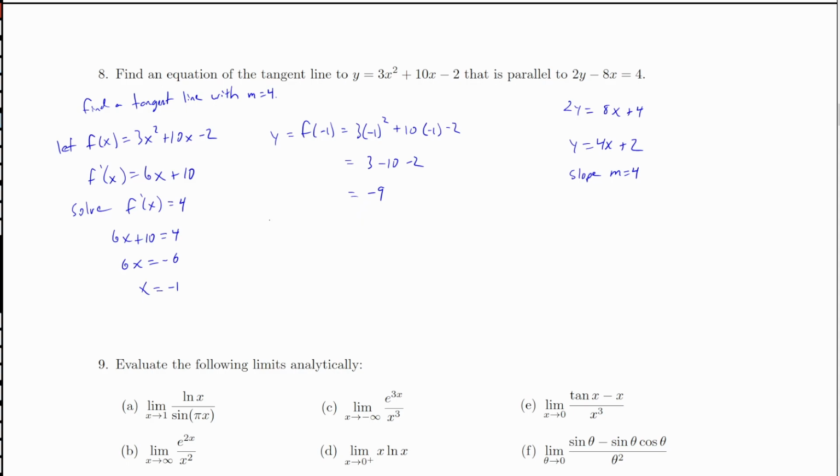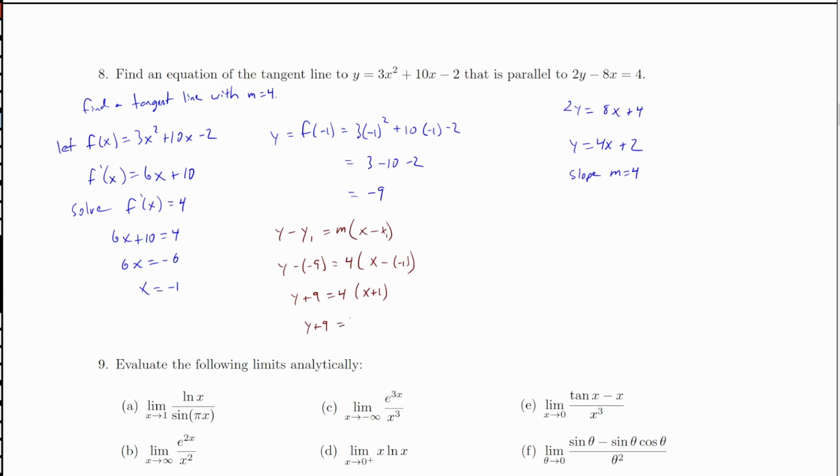Okay, so we put this together to our point slope form of a line. So y minus negative 9 equals 4 times, oh, that should have been x minus x1. So x minus negative 1. Okay, so y plus 9 equals 4 times x plus 1.